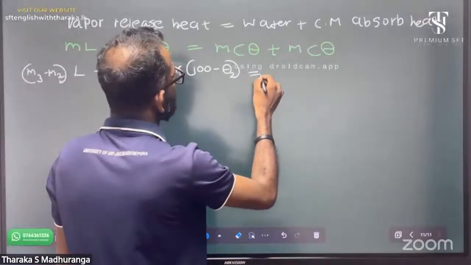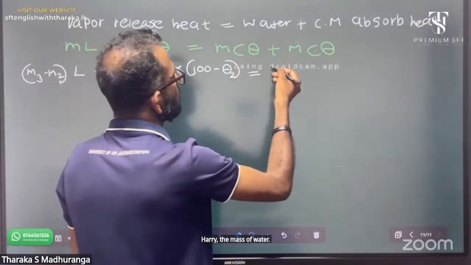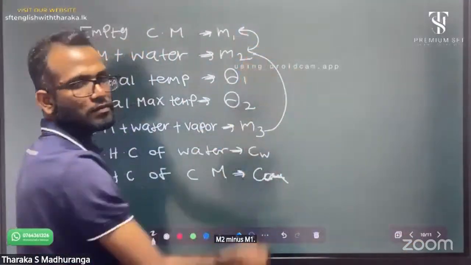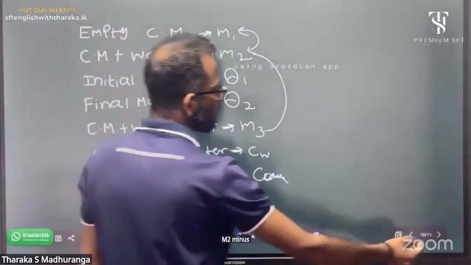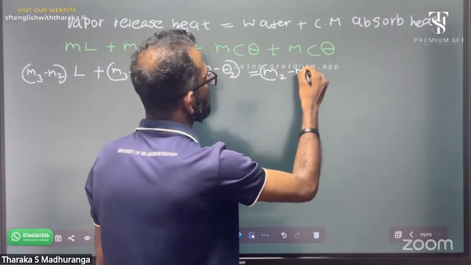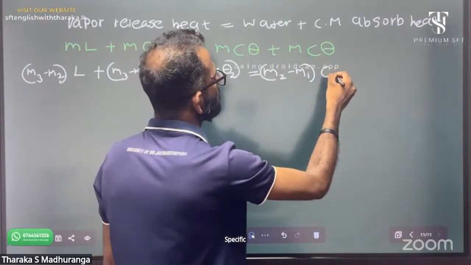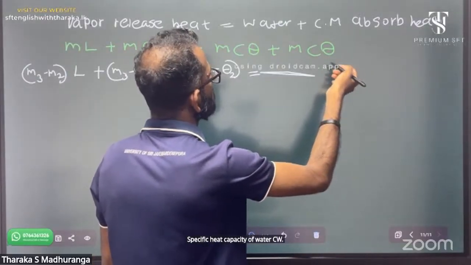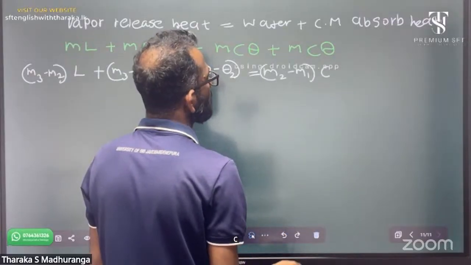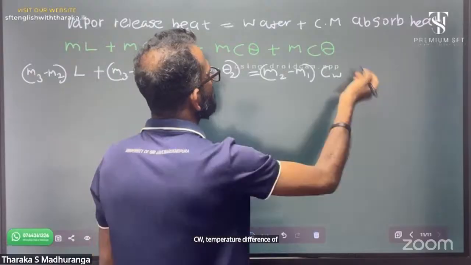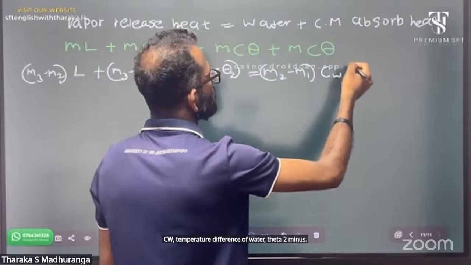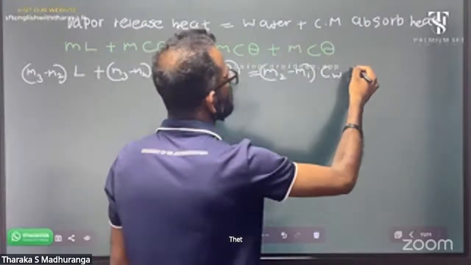Okay. The mass of water m2 minus m1, specific heat capacity of water Cw, temperature difference of water theta 2 minus theta 1, final temperature minus initial temperature.